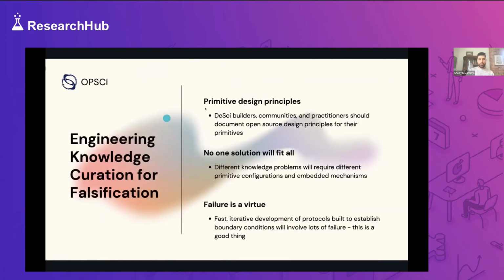So when we're thinking of engineering knowledge curation, this ability of making scientific discourse more automated, more programmed around specific outcomes and metrics, my argument is that we should do so around maximizing the propensity of falsification, or the power of falsification.